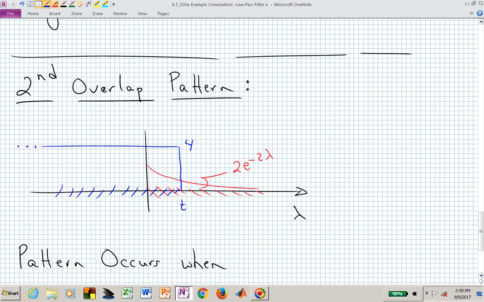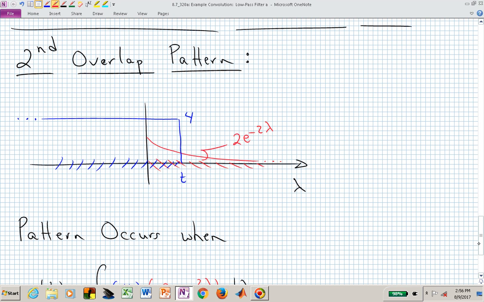The red curve is an exponential, and so it likewise continues off to positive infinity. In fact, this second overlap pattern, I hope you can see, is the final overlap pattern, meaning we only have two overlaps.